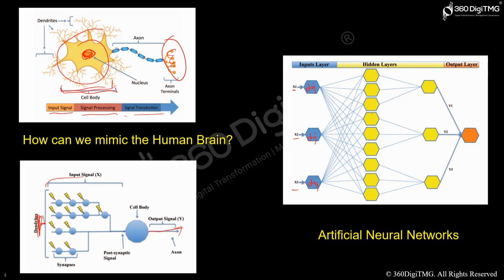If it doesn't identify, it learns, and then it gives out the output as y1, y2, and y3, and it identifies exactly what that is. So this is how an artificial neural network works in a human brain and also in an algorithm.